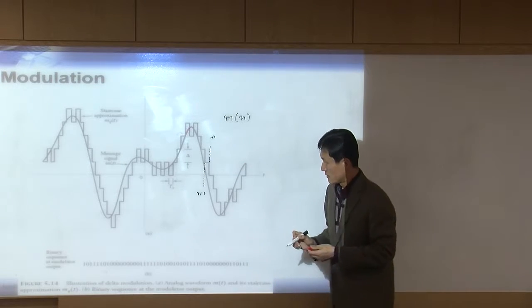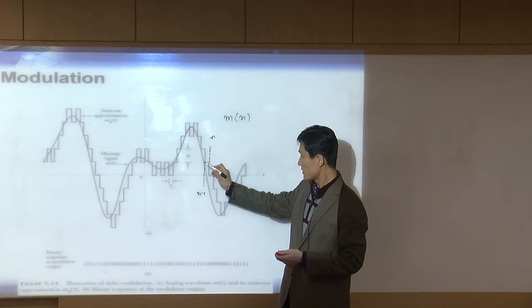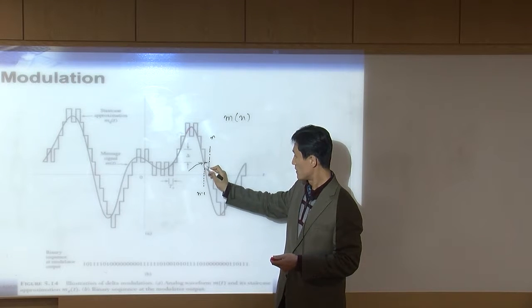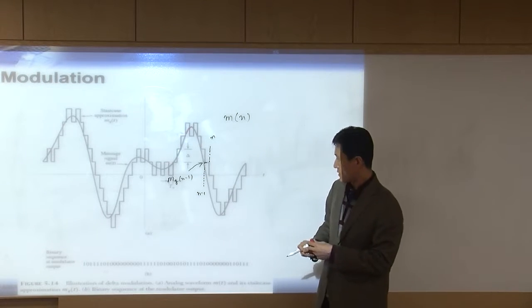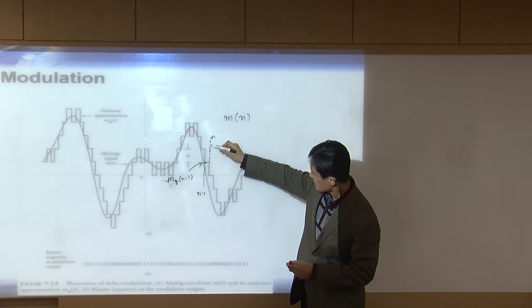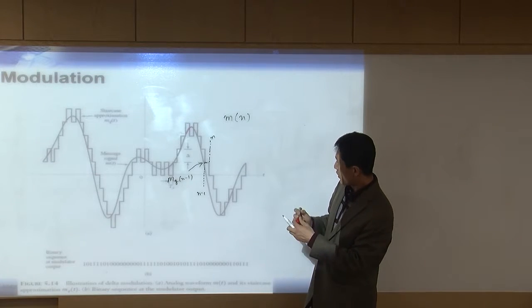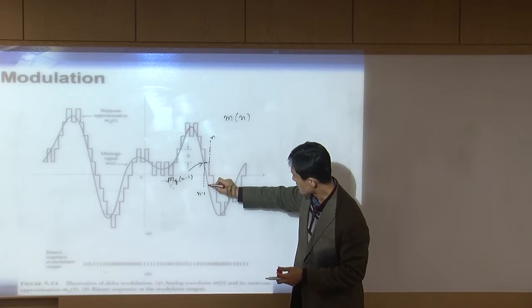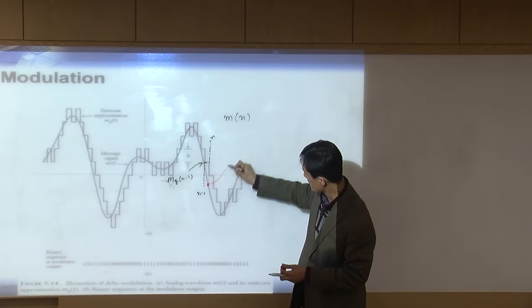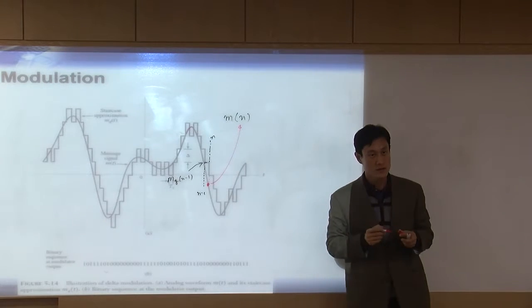Okay. Now right here, this value is m_q[n-1]. This is the nth sample. And what is m[n]? This m[n] is this one. Here is the m[n], right?